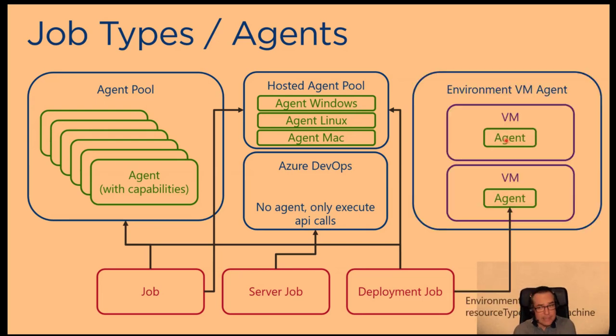Last but not least, if you have this environment VM type, so you place an agent in this particular VM, you have a deployment job with a resource type virtual machine, and then Azure DevOps makes sure that it accesses all the agents of all the deployed machines.